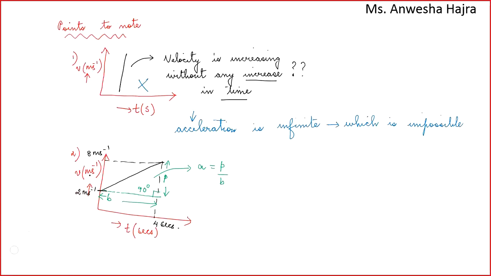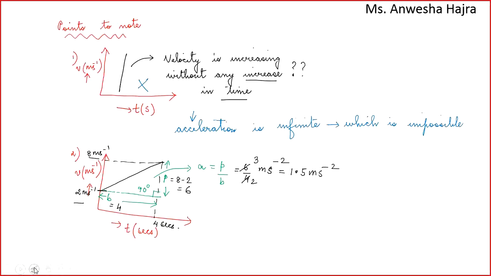This is 8 and this is 2. So this perpendicular is 8 minus 2, 6. And this base is 4. So it is 6 by 4 meter per second square. It is 1.5 meter per second square.